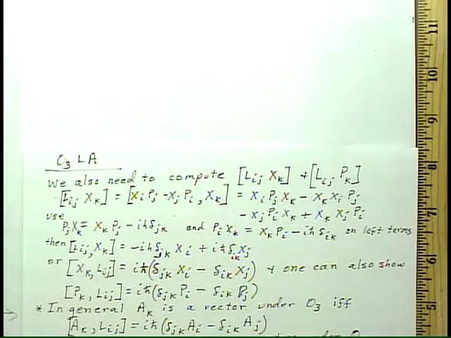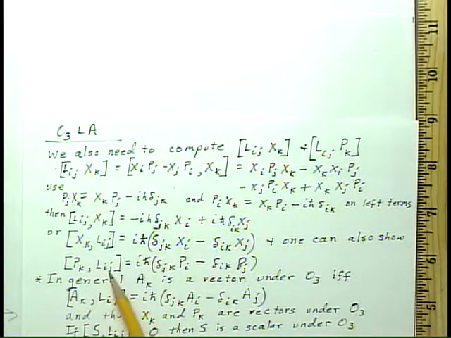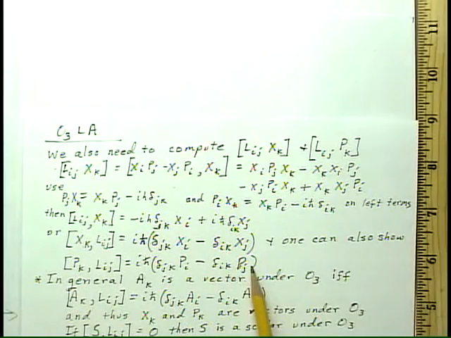One can also show, because of the exact symmetry between x and p, very quickly that the commutator of p_k with L_ij is exactly the same form.